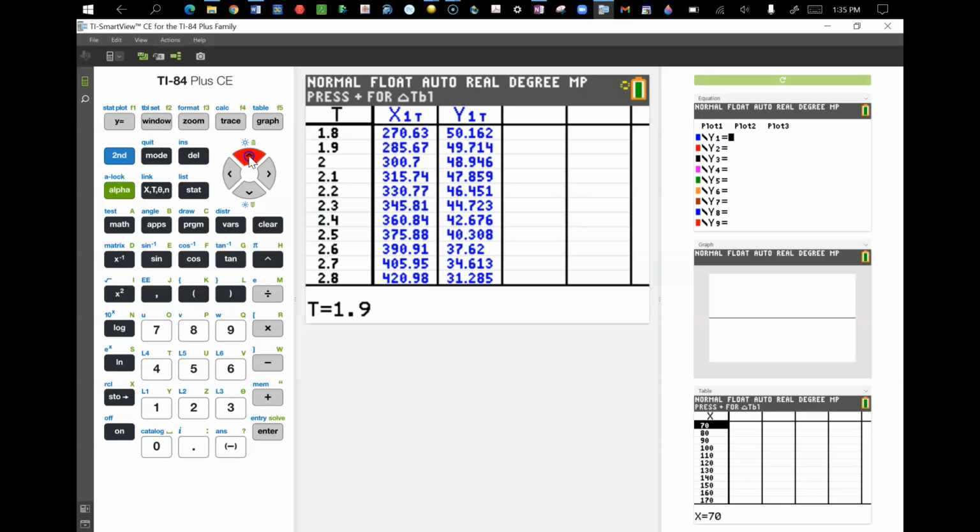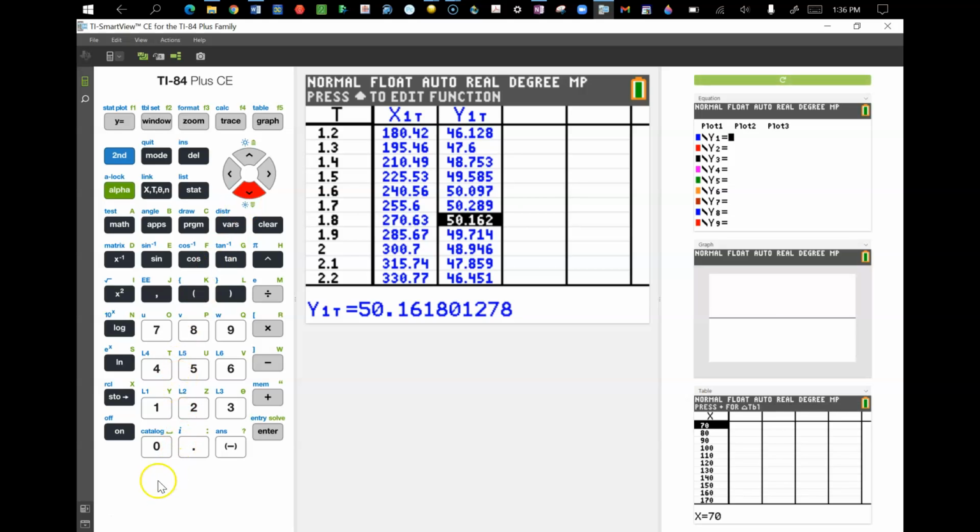So if we scroll back to somewhere around 1.7 seconds, we see that we have a maximum height of about 50 feet. And you can see it's the maximum because at 1.6 seconds, the height is 50 feet. It's a little bit larger at 1.7 seconds, and then it's starting to get smaller again at 1.8 seconds.